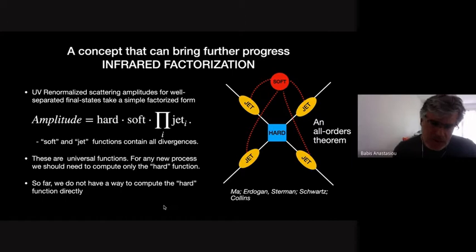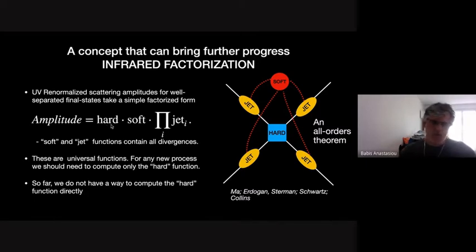For that, in the last few years, we have seen a lot of progress in consolidating factorization theorems. So now we know, and this has been proven in full glory in momentum space in a paper by Yao Ma and also in a paper by Matthew Schwartz with different techniques, that for an arbitrary amplitude, when the final states are well separated, the amplitude can be written as a product of 3 amplitude factors.